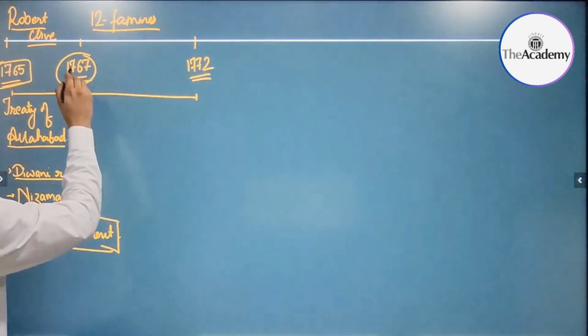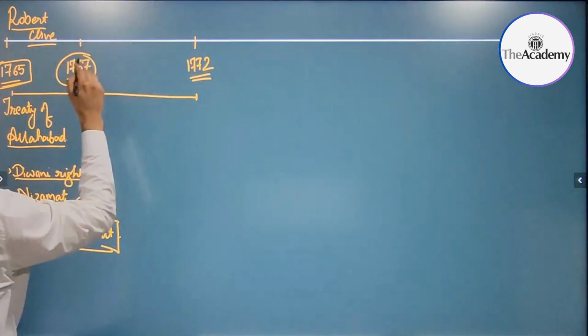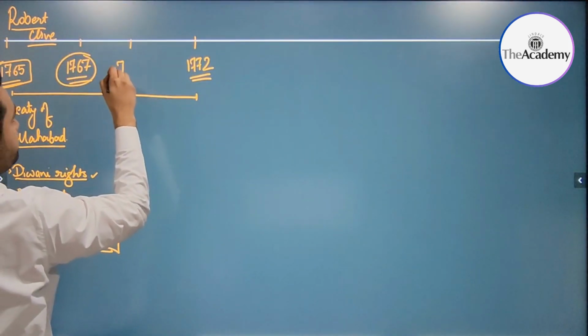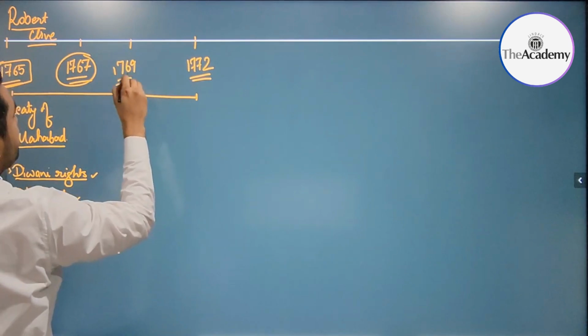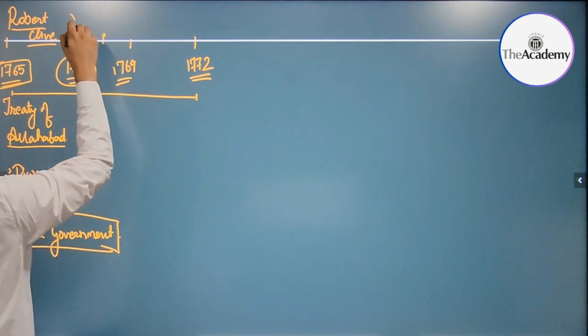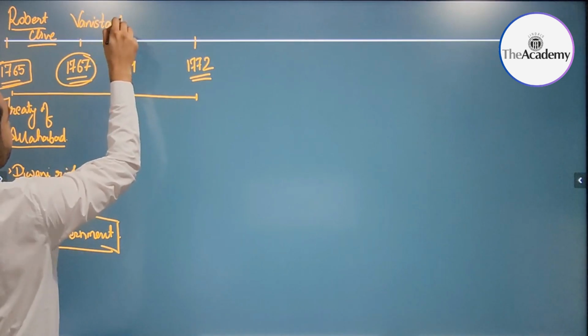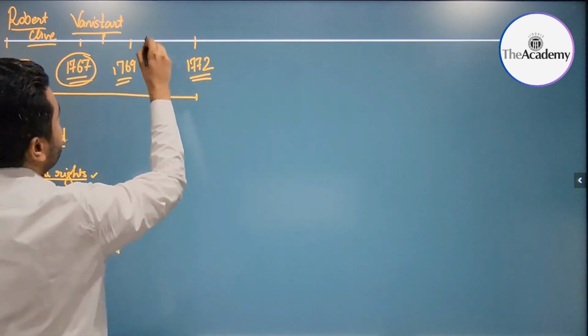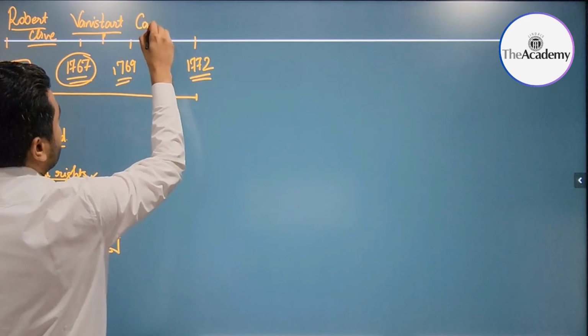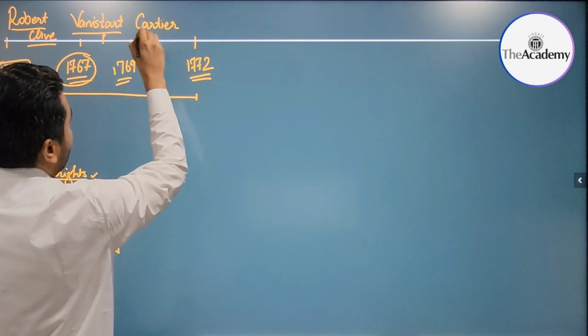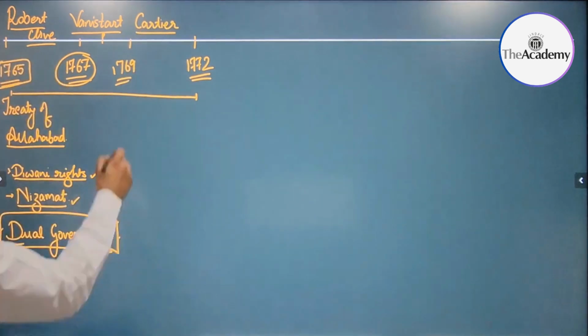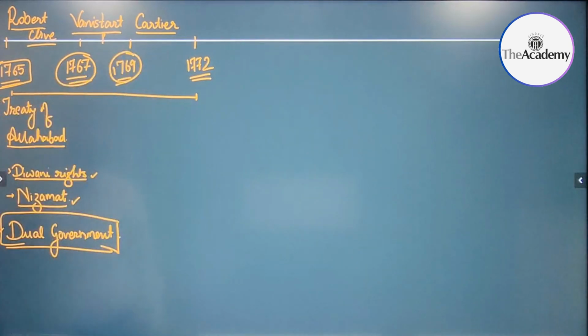We also see from 1767 till 1769, Robert Clive was replaced by Vansittart, and in 1769 it was Cartier who became the governor of the Calcutta presidency.